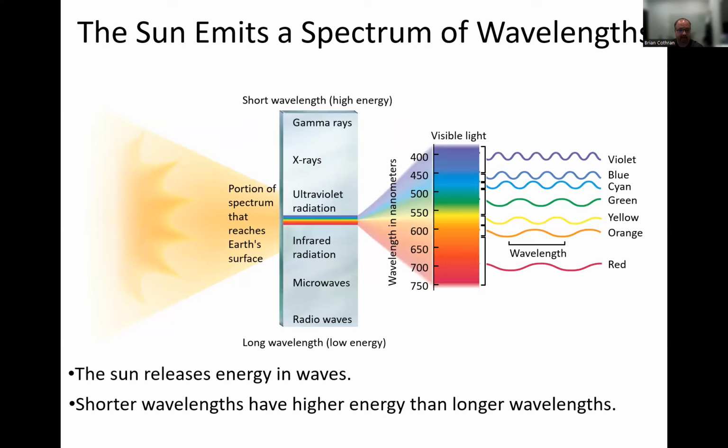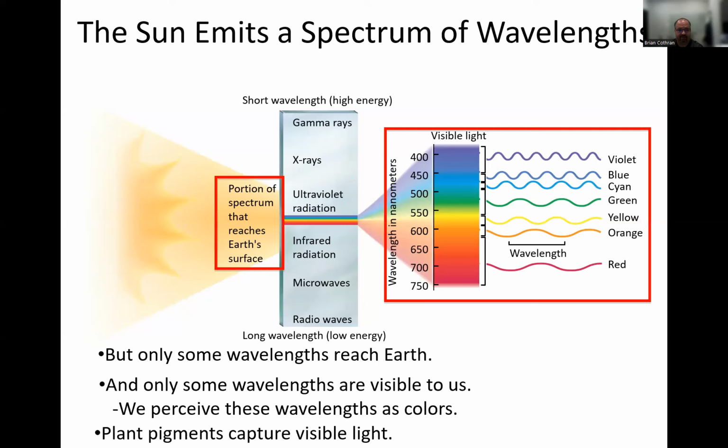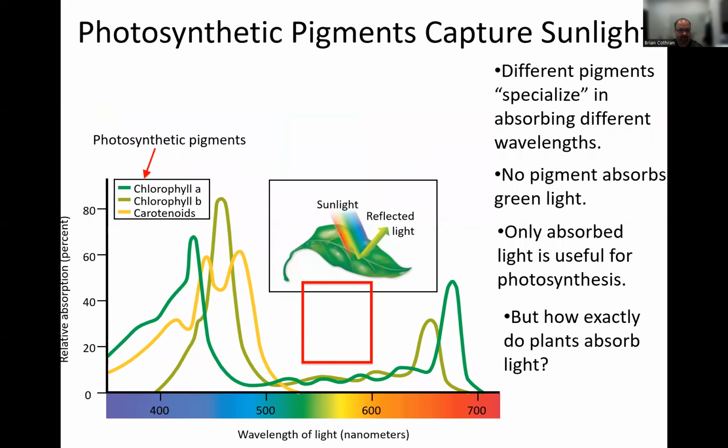So again, these are the visible spectrum lights here, the Roy G. Biv. Only some of these wavelengths reach the Earth, and only some of them are visible to us. Again, this colors of the rainbow is what we can see, the primary colors. Plant pigments capture this light. And again, as we said, they really like the purples.